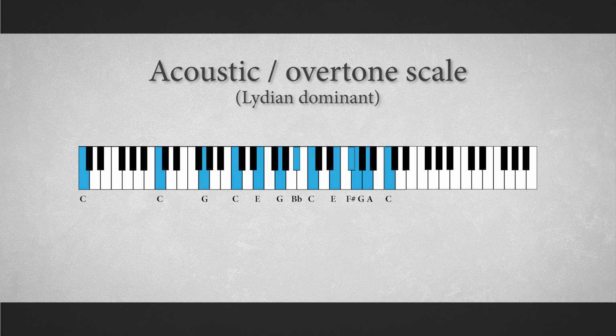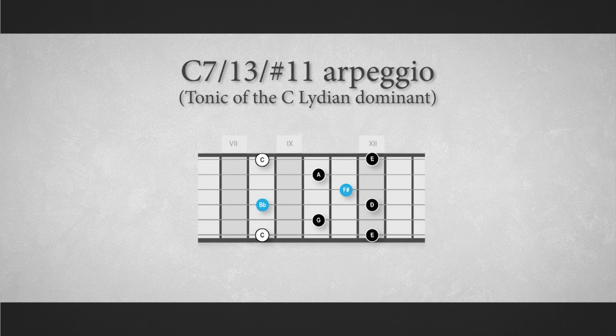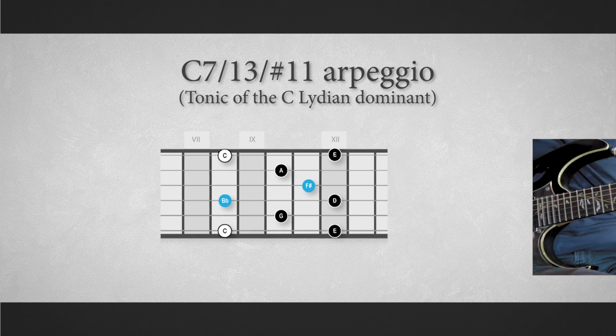Some of the overtones are not in tune, but that's common for overtones. And all the notes of the Lydian Dominant scale are represented more or less in those partials. Now we can grasp this overtone mix in a 13 arpeggio that contains all the notes of the Lydian Dominant scale. And this results in a dominant 9, 13, sharp 11 arpeggio.